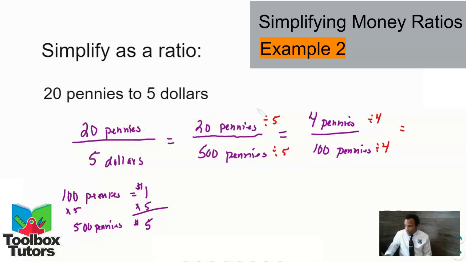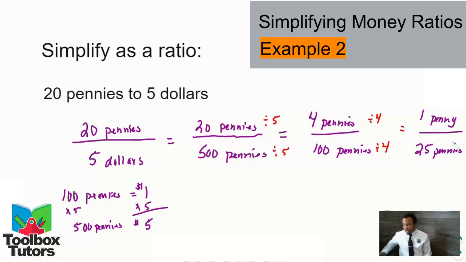So now we have 4 divided by 4. That gives you 1 penny over, and 100 divided by 4 gives you 25 pennies. So simplifying this as a ratio, your final simplified answer would be 1 over 25.